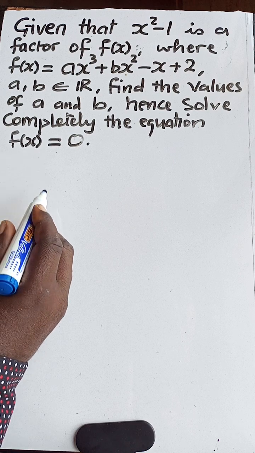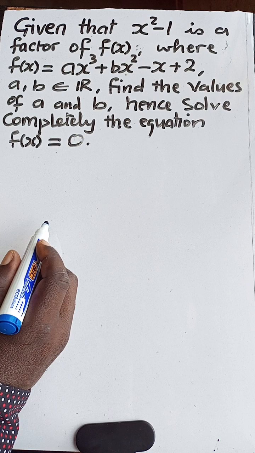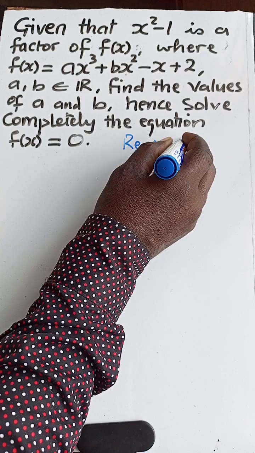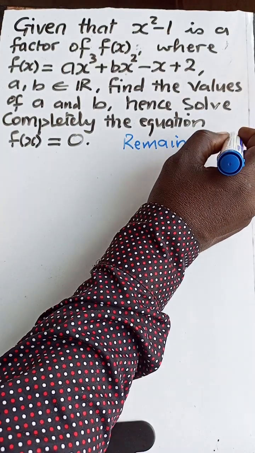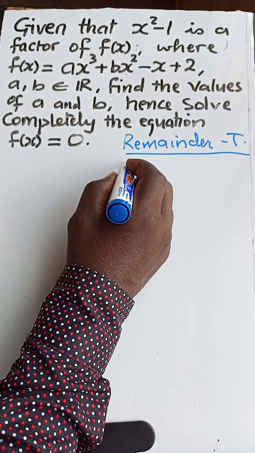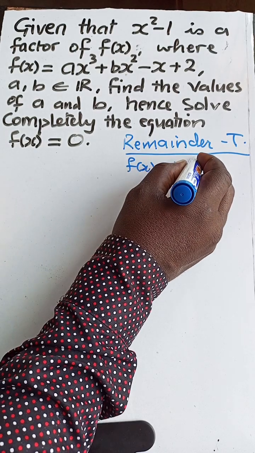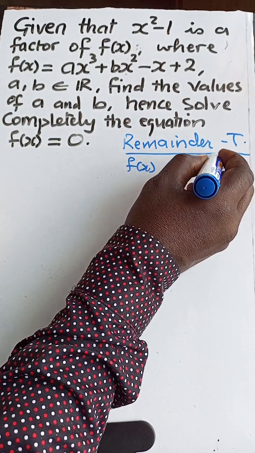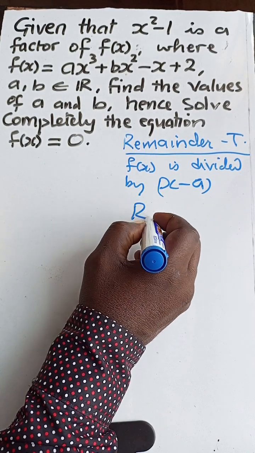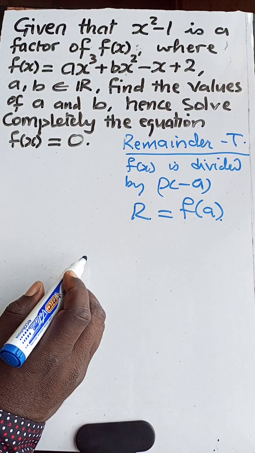All right. To be able to answer this question, we need to master two theorems under polynomials. The remainder theorem: the remainder when the polynomial f of x is divided by x minus a, that remainder r is given as f of a, okay?